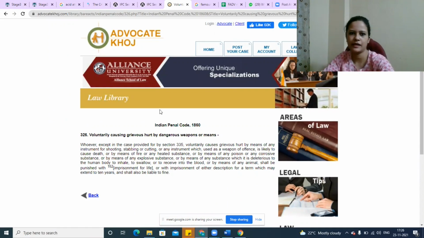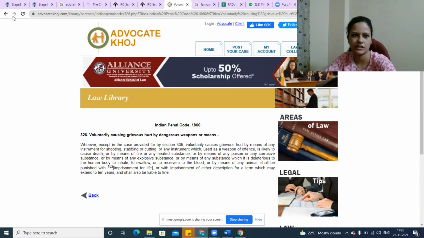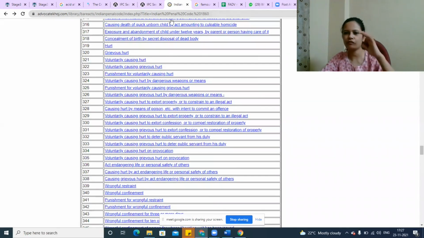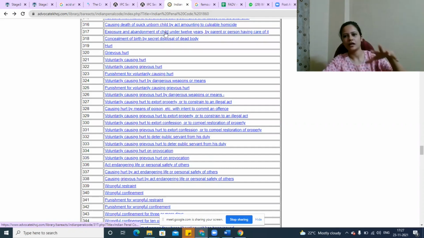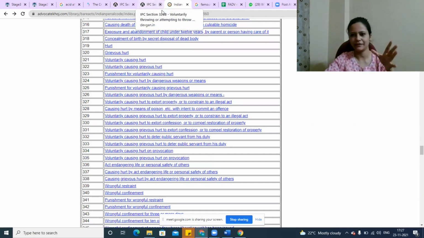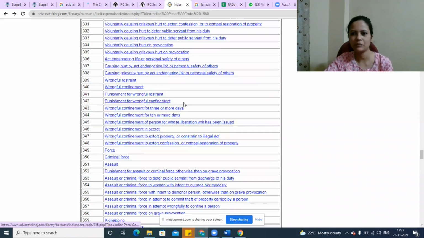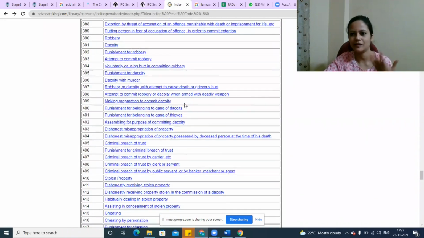So we have one provision under IPC, which is voluntarily causing grievous hurt, voluntarily causing hurt. Previously acid attack was included under that, causing hurt or grievous hurt to a person. But then it was realized that we should have at least one provision, because IPC is such a lengthy legislation.